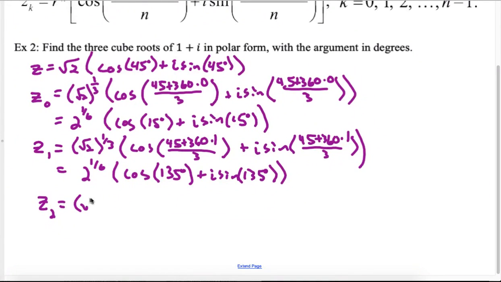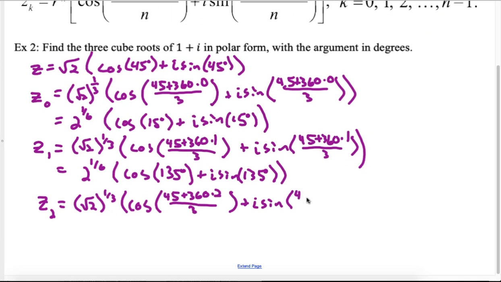So again, square root of 2 to the 1/3 power times cosine of 45 plus 360 times 2 over 3 plus i times the sine of 45 plus 360 times 2 over 3.